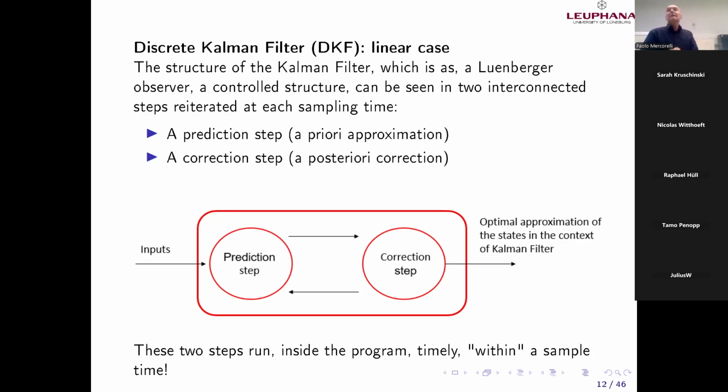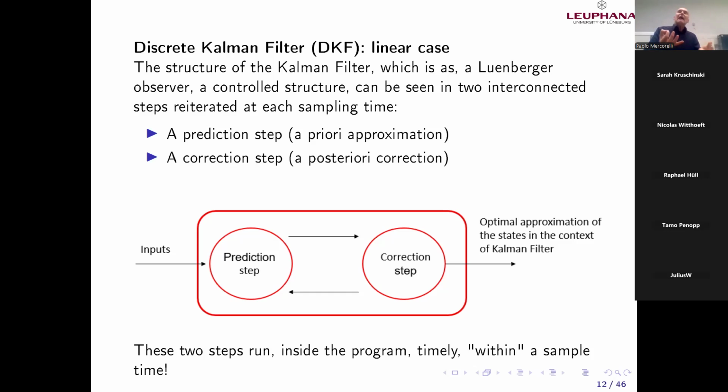Fix this idea. Prediction step and correction step. This is also something new. Therefore, I told you something new with respect to the Luenberger observer. Therefore, we can say it is an advancement, but we have big differences in between. But anyway, we will see also some analogies later.